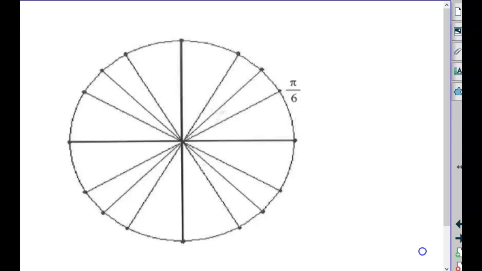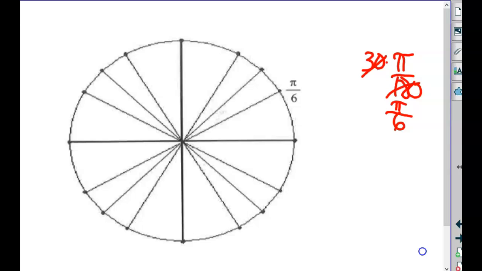Now this is where it gets real tricky for students, but I'm going to teach you to just do the multiples the same way we just did. You had 30 degrees, and pi over 6 was 30, right?